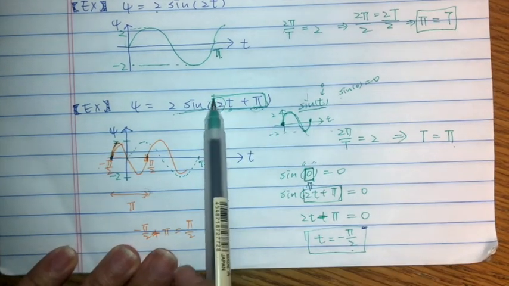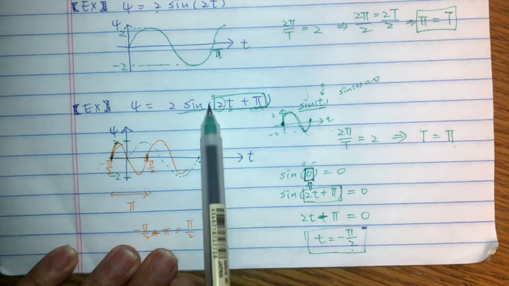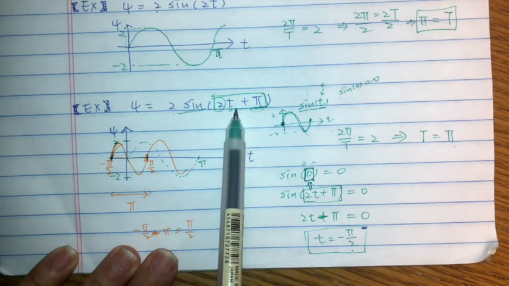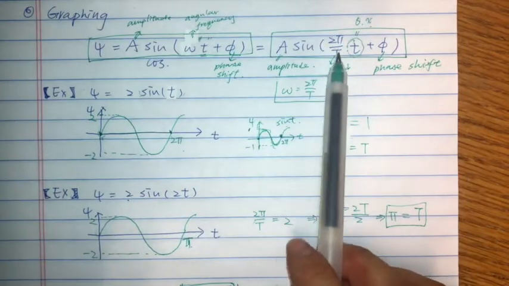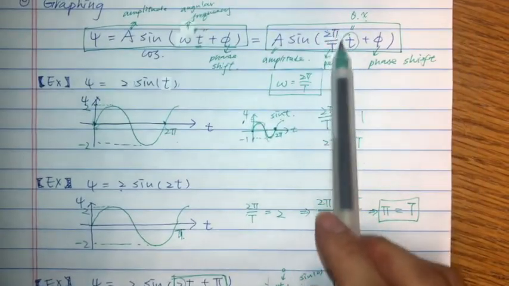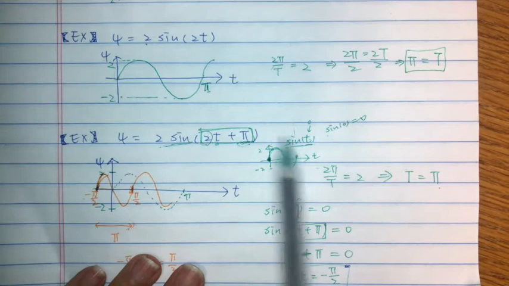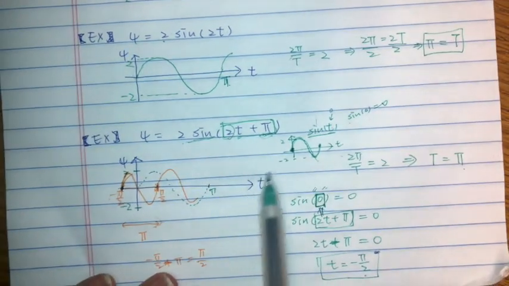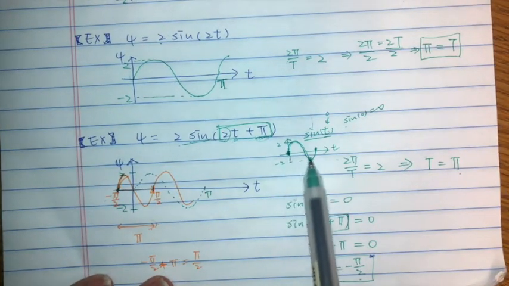Specifically, the number in front of the variable you're interested in is 2 pi over T, so that tells you about the period. You can just set this equal to 2 pi and get the period. That will tell you how far it is for a cycle.